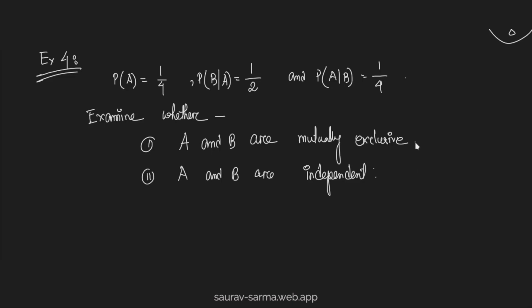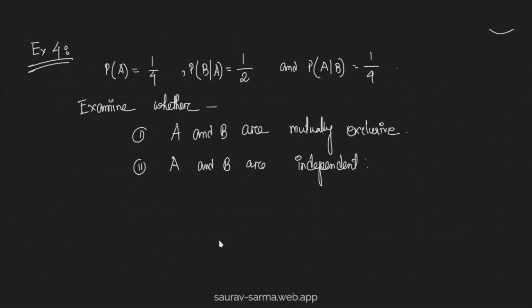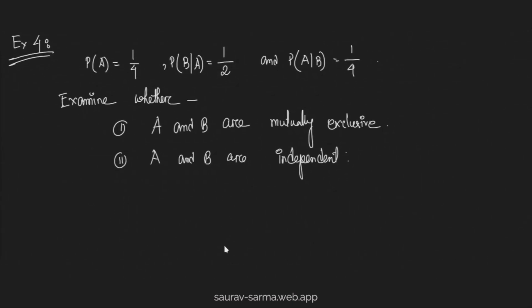So duta situation dise, probability of A value dia ase, probability of B given A and A given B dia ase, and amak sabo lage je A B independent and mutually exclusive hoy na nohoy.